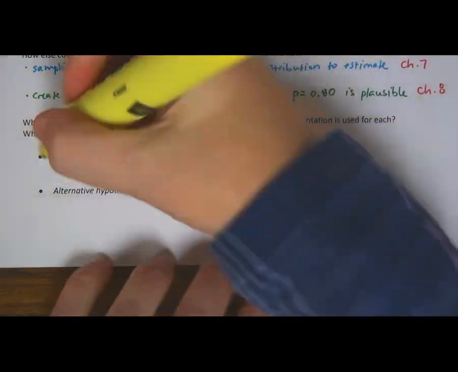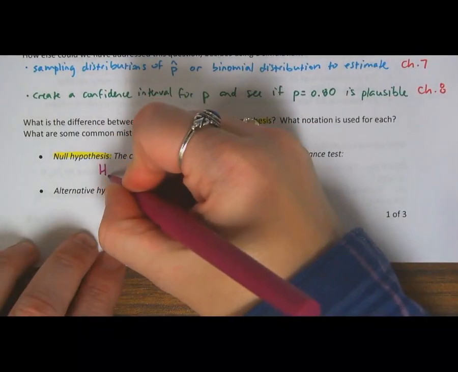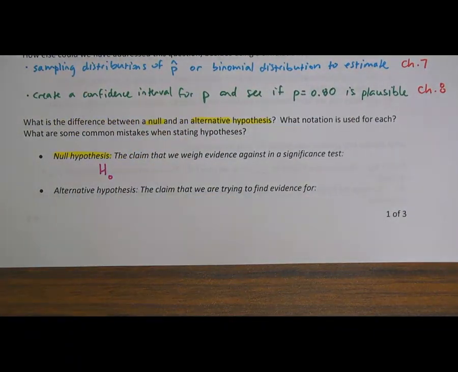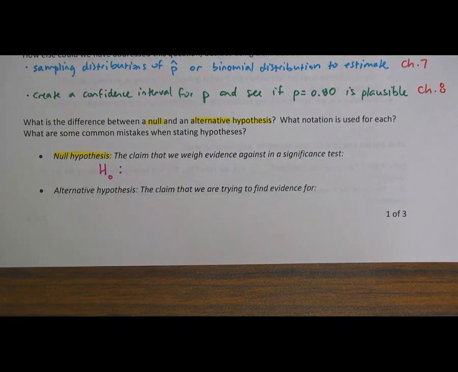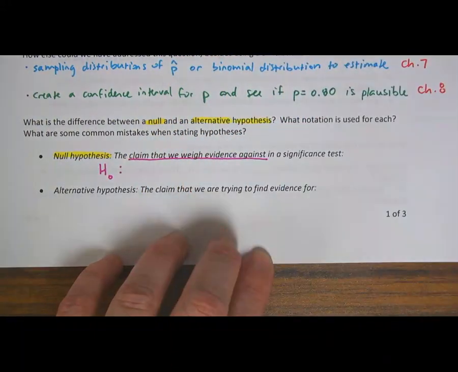All right, so let's talk about the null. The notation for null hypothesis is H with a little sub-0, H naught. That's the notation that's used, okay? And then you're going to put a colon and say, here's my null hypothesis. It says right there that this is the claim that we are weighing evidence against.